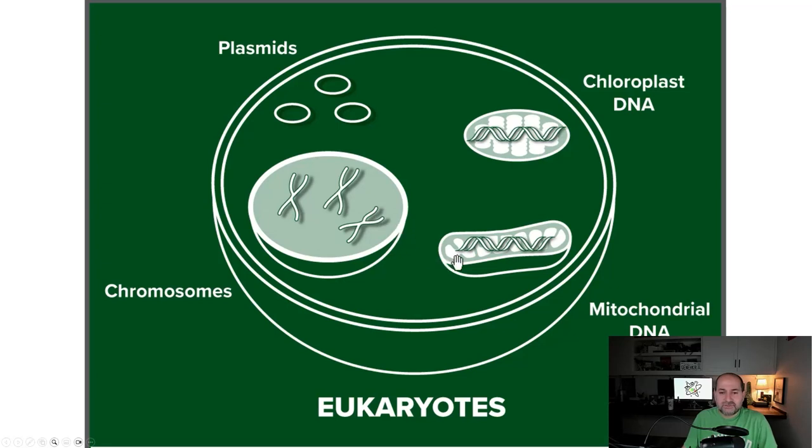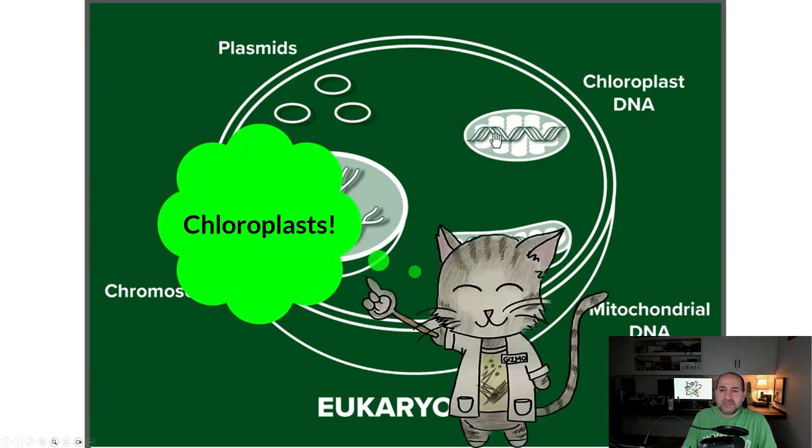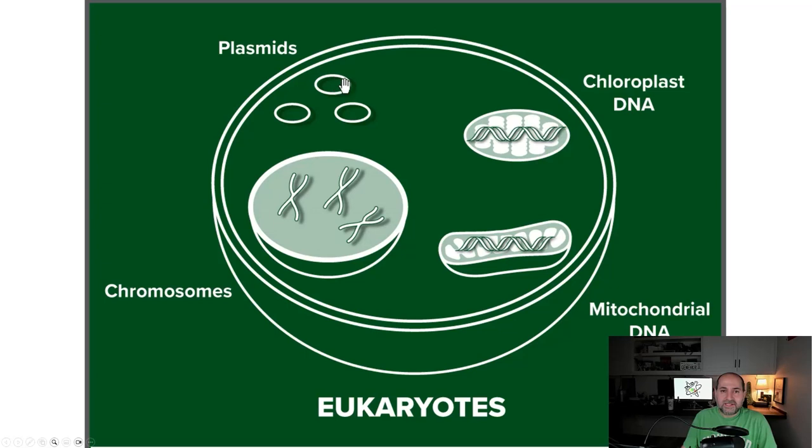Outside of the nucleus, we're talking about non-chromosomal DNA, like the DNA found in our mitochondria, which is a single circularized chromosome, the DNA of plants and algae, which is again a single circularized chromosome, and various plasmids, which are tiny circularized pieces of DNA as well.